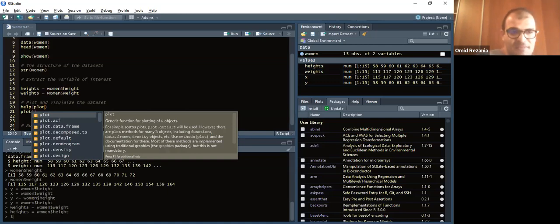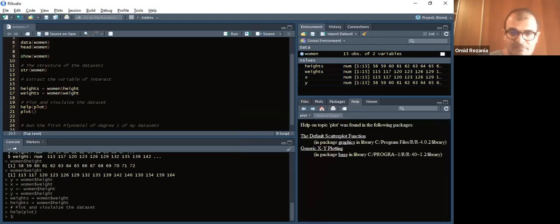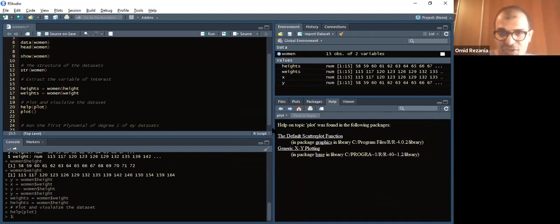This is one of the benefits of working with the R Studio. You see that when you write this stuff, it suggests many things to you. And now, I'm just going to press Control Enter. And you see that in the R Studio, there is a tab which is called Help, and the help is going to be here.